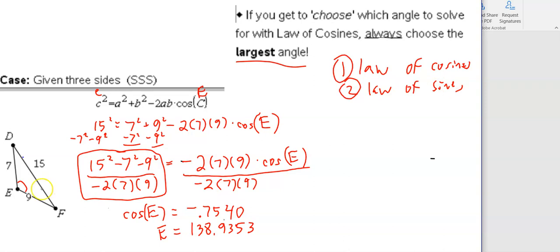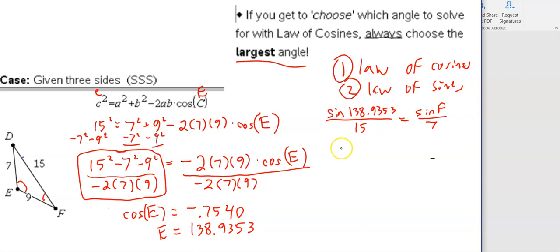So let's go ahead and solve for angle F now. So we have sine of angle E, which is 138.9353, over lowercase e, which is 15, equals sine of F over 7, its opposite side.